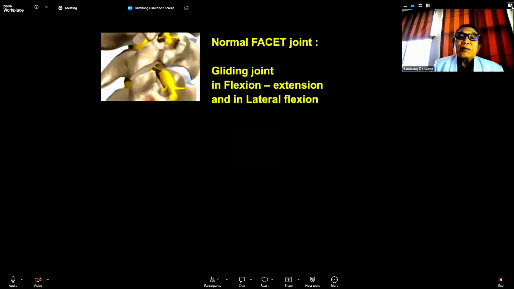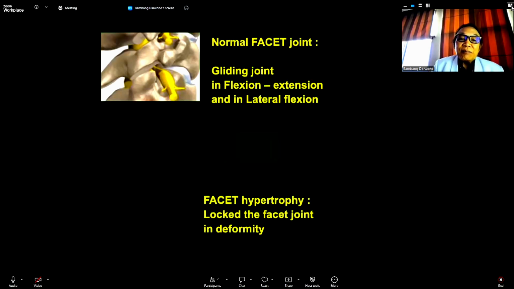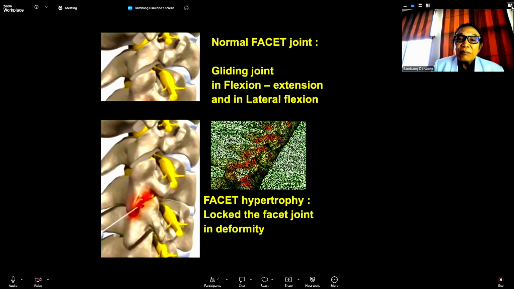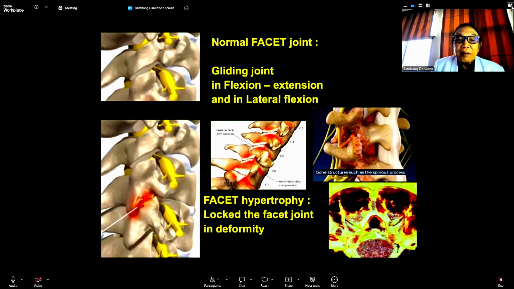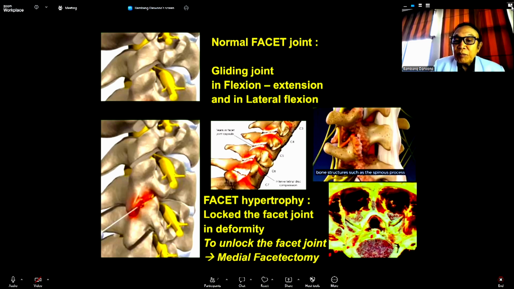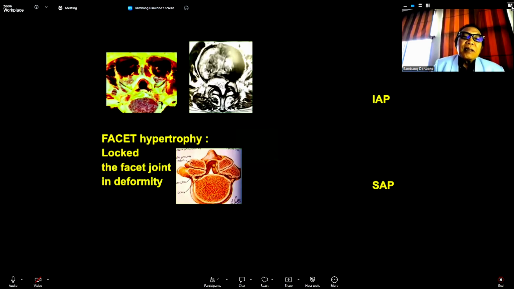Normal facet joint, gliding joint, in flexion, extension, lateral flexion. Facet hypertrophy locks the facet joint in deformity. To unlock the facet joint, we need to perform medial facetectomy. This is facet hypertrophy, locking the facet joint in deformity.